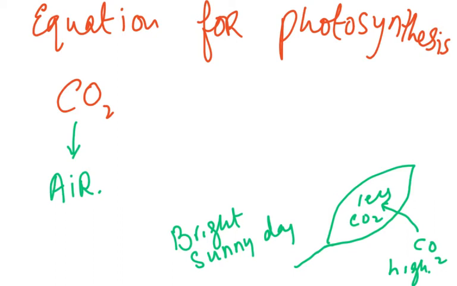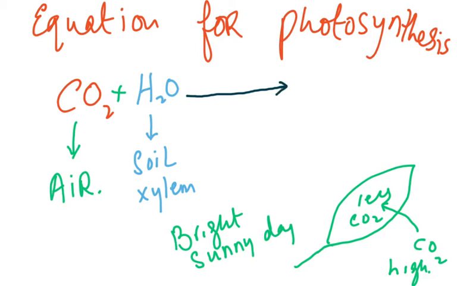Now the CO2 combines with water. Where does the water come from? Water comes from the soil, up the xylem, into the leaf. And then we say the carbon dioxide and the water combine in the presence of light and chlorophyll.